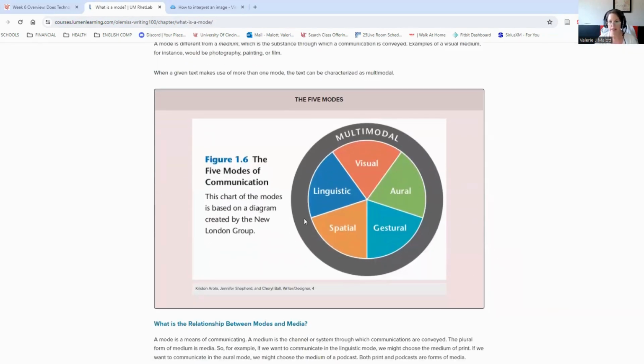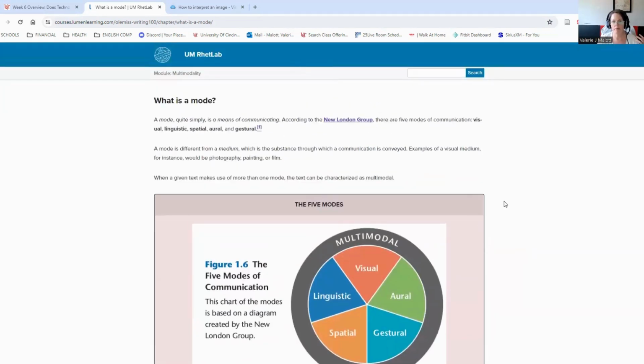I find that this image here, this graph, is helpful to explain the various modes that are going on when we're presented with information. A mode is just a means of communicating, right? And there are five main modes: visual, linguistic, spatial, oral, having to do with ears, and gestural, right?